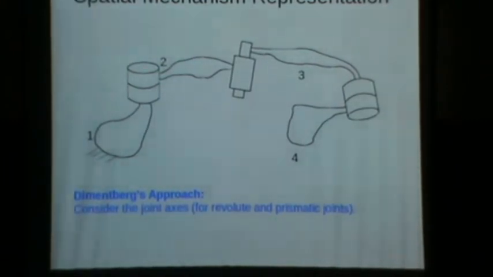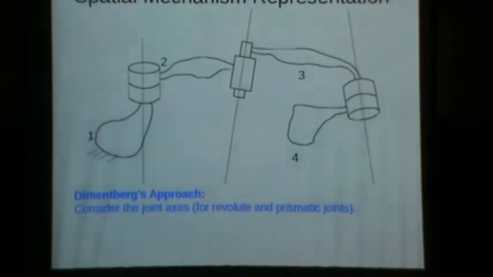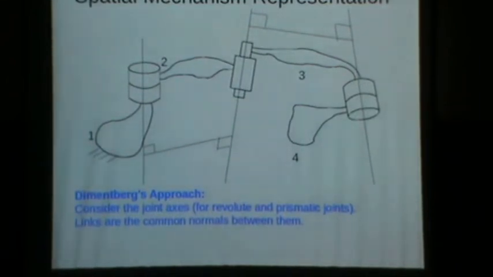Okay, that is not very trivial. That is not very simple for a spatial mechanism. So, but fixing this, saying that instead of looking at the physical link, let us replace it by this single common normal, simplifies it to a great deal.